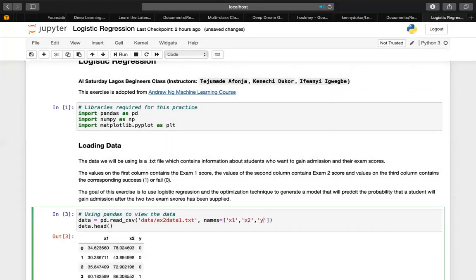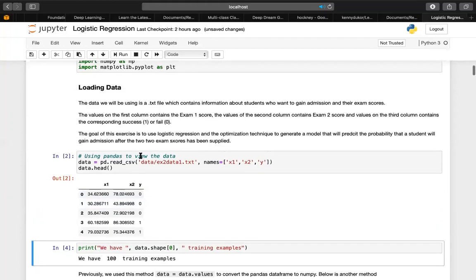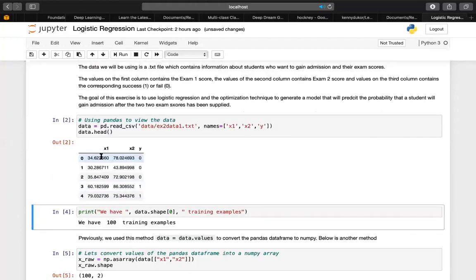If we run this, this is our data. x1 is the score in exam 1, x2 is the score in exam 2, and y is whether the person gained admission or not. So 0 means this person didn't gain admission.